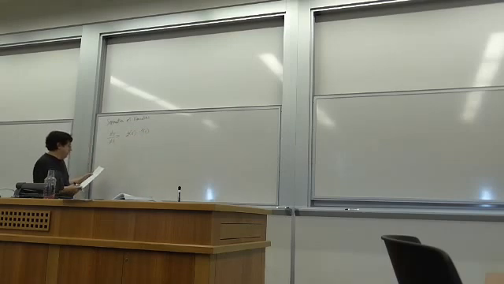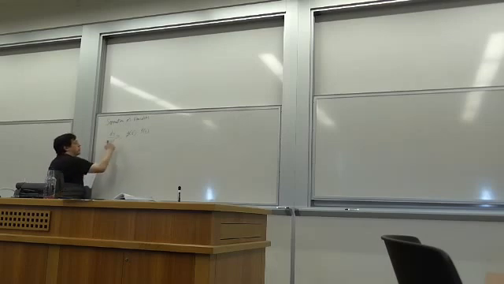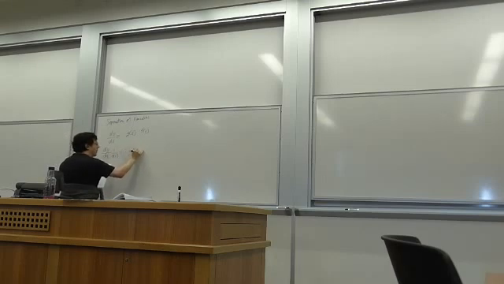The way we go about this, we're going to put the x's and the y's on opposite sides of the equation. This is 1 over f of y equals g of x.